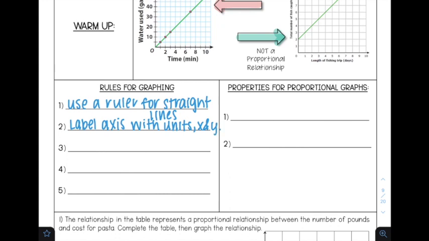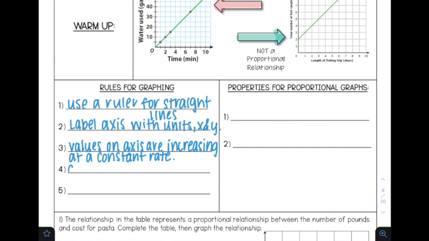The values on your Y and X axis should be increasing at a consistent rate. So values on axes, constant rate.